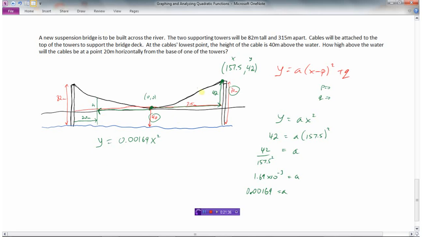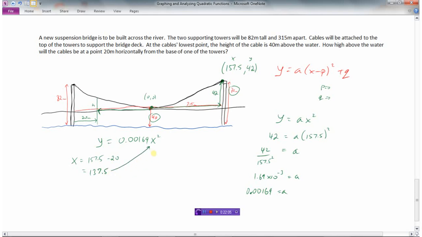Well, we knew that this was 157.5 all the way over. So if we go 157.5 minus 20, then we have our x coordinate. So x would be 157.5, which is the distance all the way from the origin to the tower, but we're 20 meters away from it. So that's 137.5 for x.